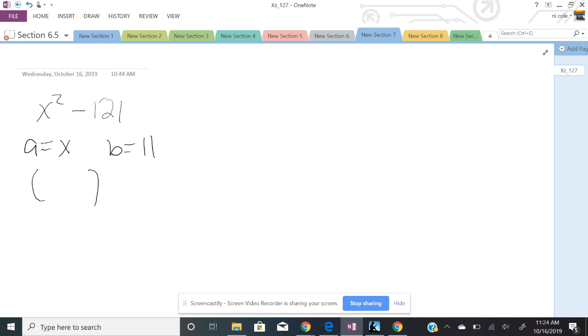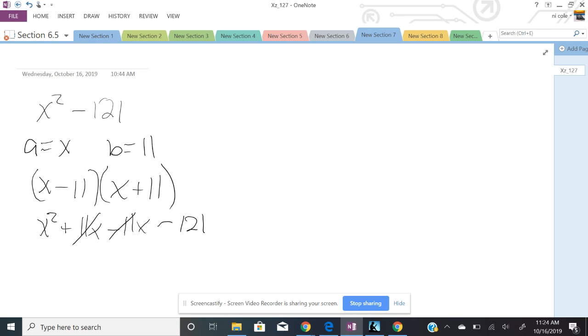So you would have x minus 11 times x plus 11. And FOIL it out to check it. That would give you x squared plus 11x minus 11x, minus 121. Those would cancel, just leaving you x squared minus 121. So this would be your answer.